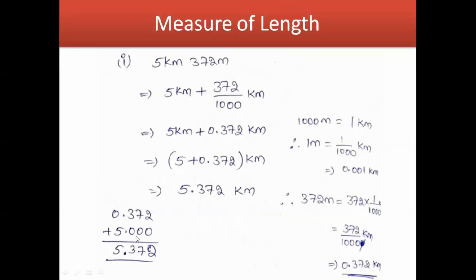After the point we don't have any number. 5 is in the whole part. In the fractional part, put zeros. 2 plus 0, 2. 7 plus 0, 7. 3 plus 0, 3. Point. 0 plus 5, 5. Total 5.372 kilometers.